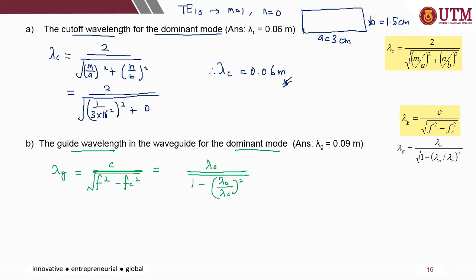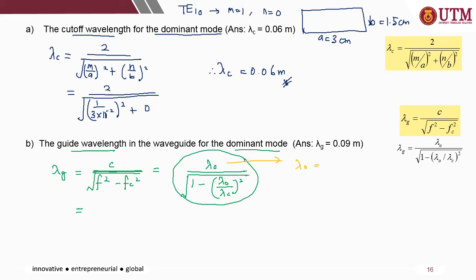So you can choose to solve by using either one, which one is easier to you. But I would say in this case, since we already have the lambda c from the first question, you can straight away use this one, but you don't know yet the lambda naught.